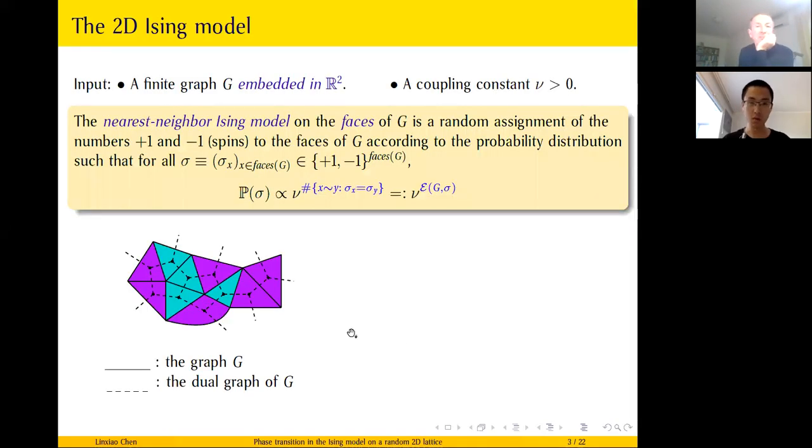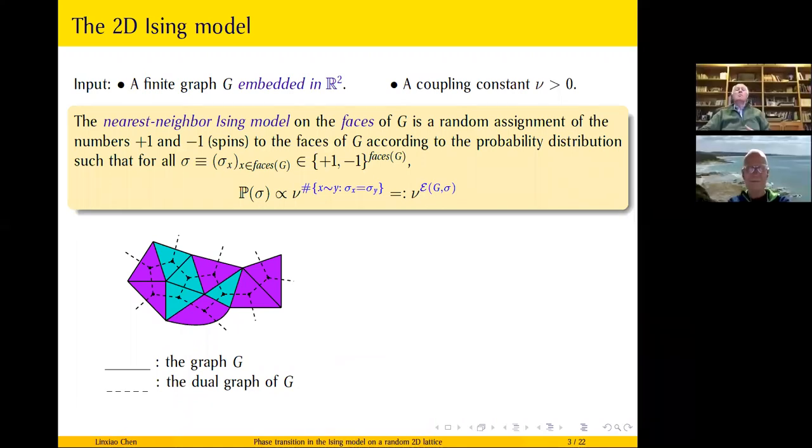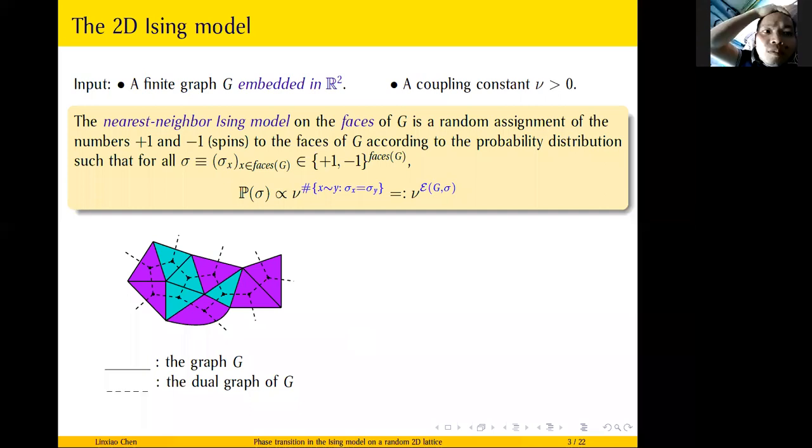Okay, so first, the Ising model is a model from statistical mechanics defined on a finite graph. Here we will consider a graph G embedded in the two-dimensional plane. The model also comes with a coupling constant, which is positive.